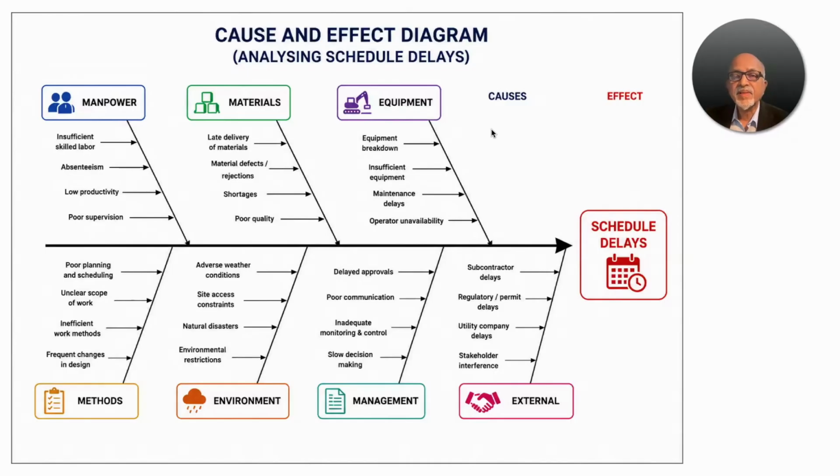Now, in this scenario, we are getting schedule delays, and we want to identify the probable root causes leading to the schedule delays. Do we have any equipment related issues? We brainstorm with the team and come out with the probable root causes. Is there any problem with the equipment we are using? We get a set of root causes under that category.